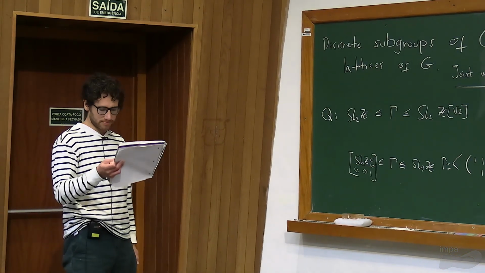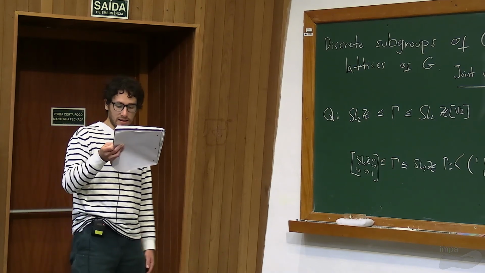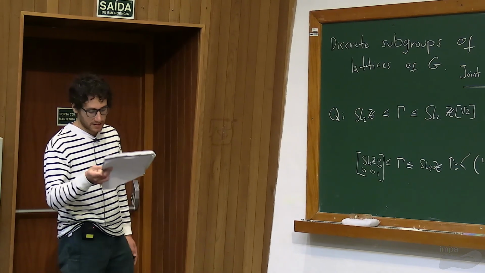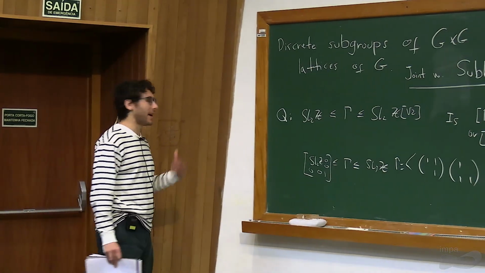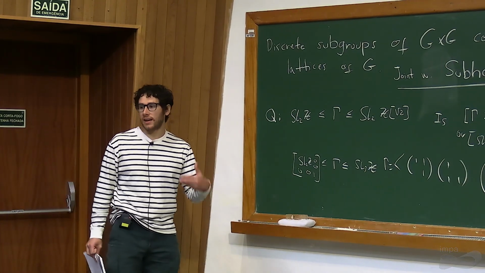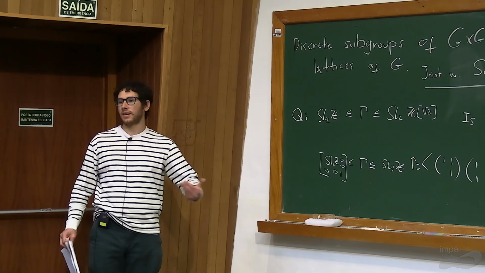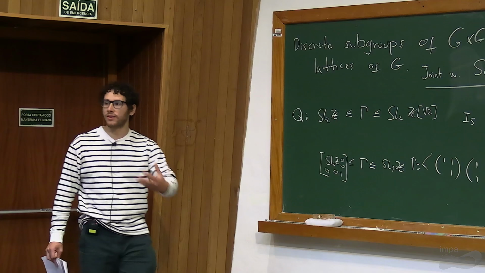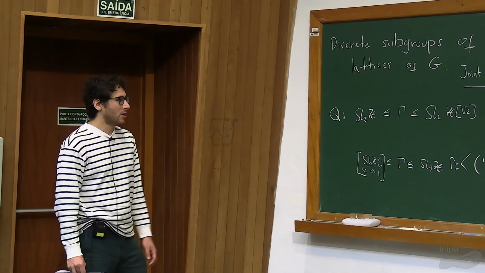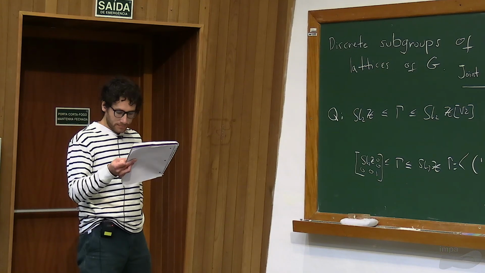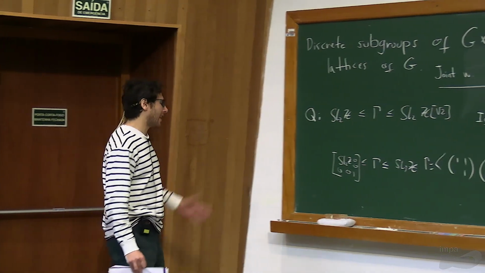And there's a question of Alan Reid that asks whether a hyperbolic three-manifold group embeds discretely in SL3R. This is related to the lightning talk yesterday, where a hyperbolic three-manifold group embeds in SL2R times SL2R. What else should I say? Yeah, so I'll say a little bit.